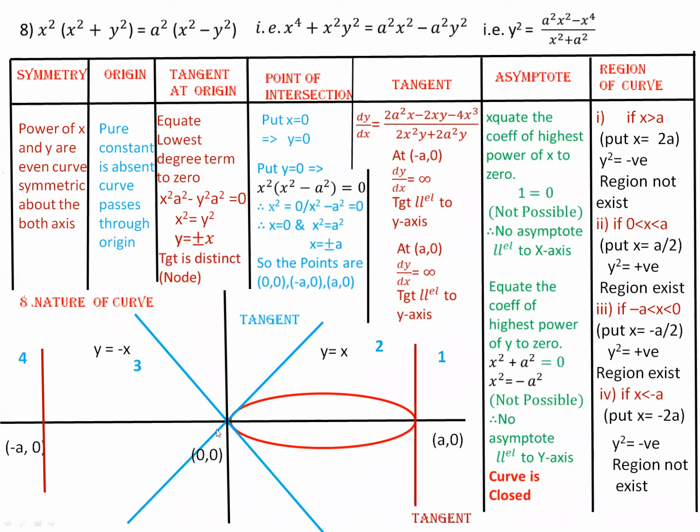The curve lies in between 0 and a, 0. Here it is like this. Okay. This is the curve of the equation x square in bracket x square plus y square is equal to a square in bracket x square minus y square. Everyone understood this?